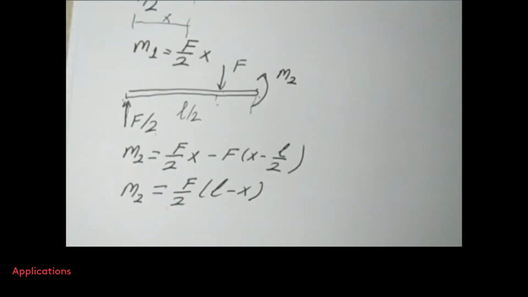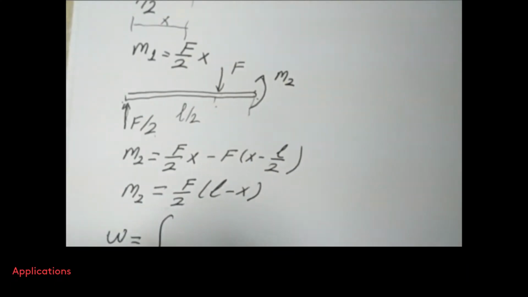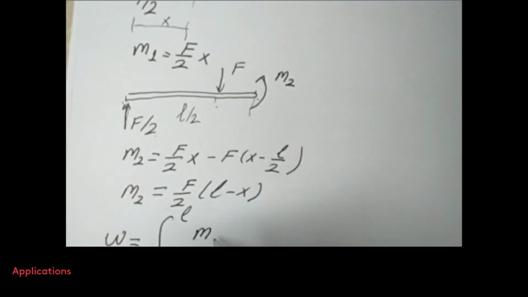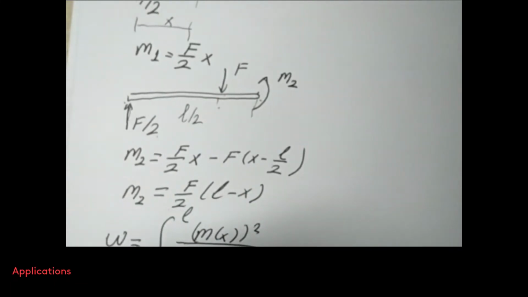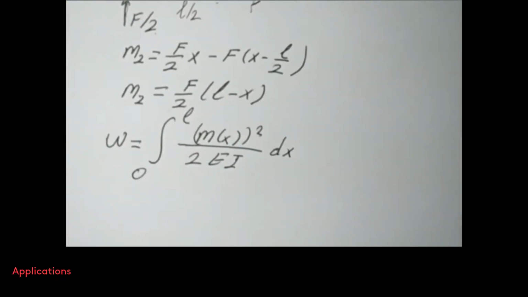So remember that for the beam, the total strain energy along the beam is equal to the integral from 0 to L of M(x) squared divided by 2EI, where E is the Young modulus. So this is the formula for the strain energy.